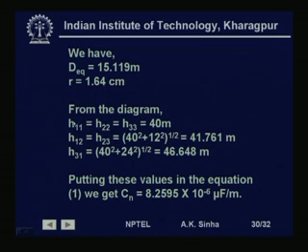From the diagram, we have the values for H11, H22, H33 as 40 meters, H12, H23 as shown here is equal to 41.761 meters, H31 is equal to 46.648 meters. Now, putting these values in the equation, we get Cn is equal to 8.2595 into 10 to the power minus 6 microfarad per meter.